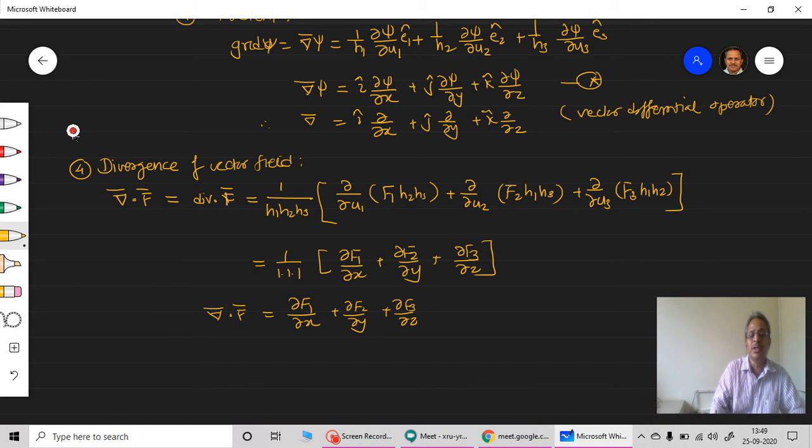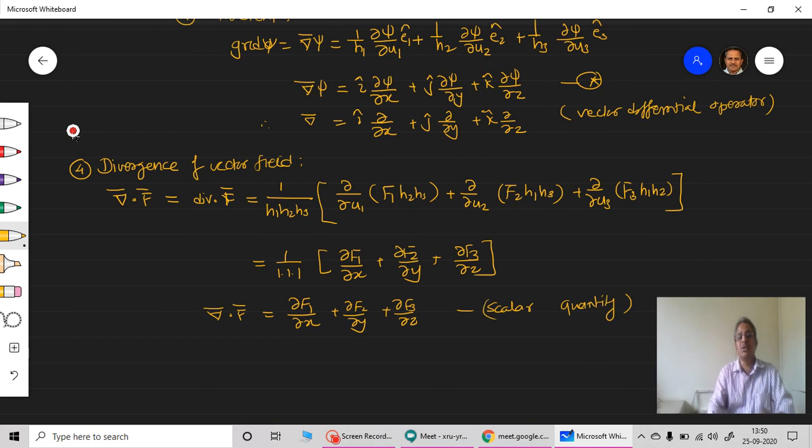So differentiate component 1, component 2, component 3 respectively with respect to x, y and z, add them together, whatever quantity we get, that is going to be the divergence, and we know that this is going to be a scalar quantity. This is not a vector, this is a scalar physical quantity.